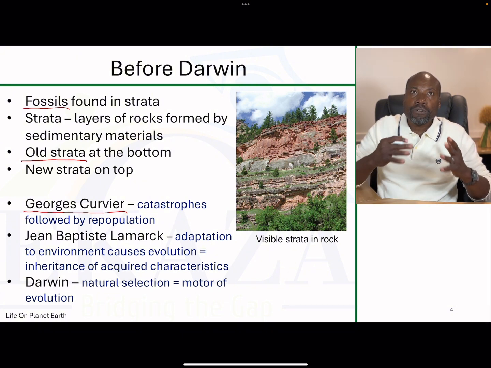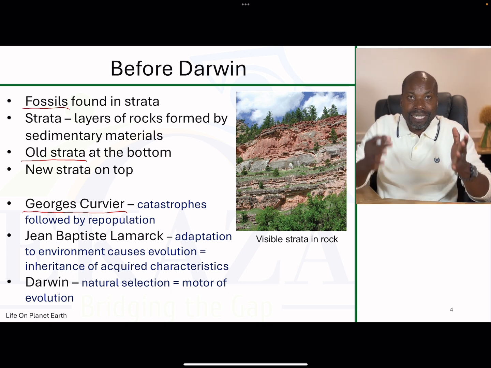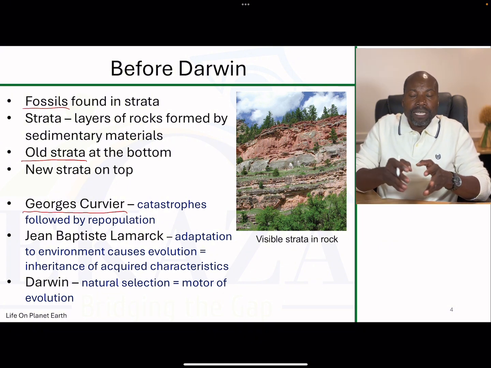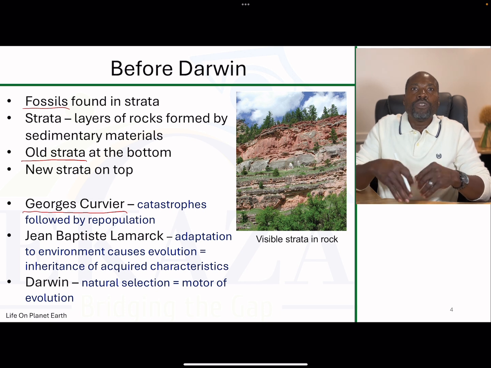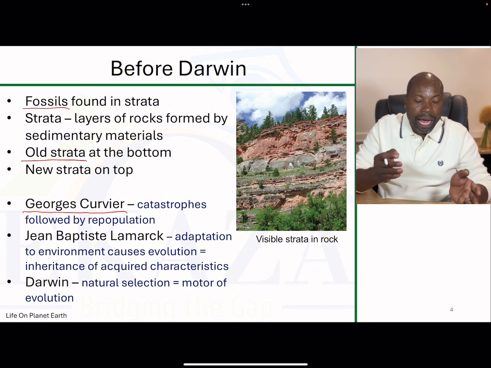And these catastrophes caused the wipe down of the populations that existed on Earth at that point when there was that catastrophe. And eventually, after that catastrophe, there are new organisms that are going to repopulate the Earth at that point.